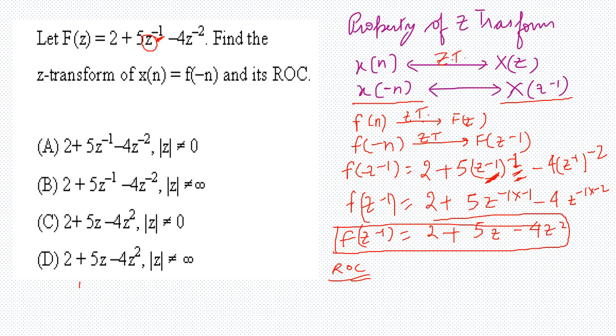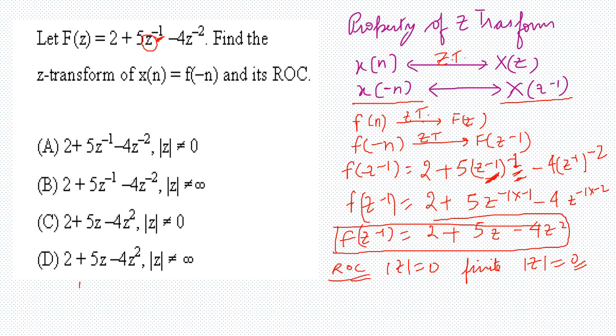If I put mod of z equal to 0, I get a finite value, so mod of z can be 0, and it's part of the ROC.